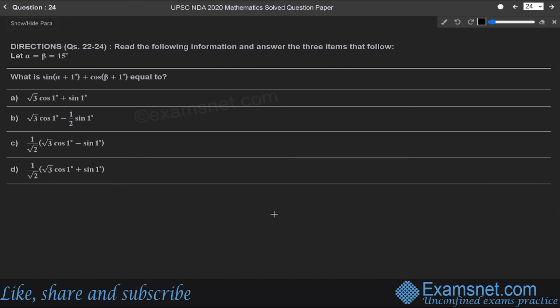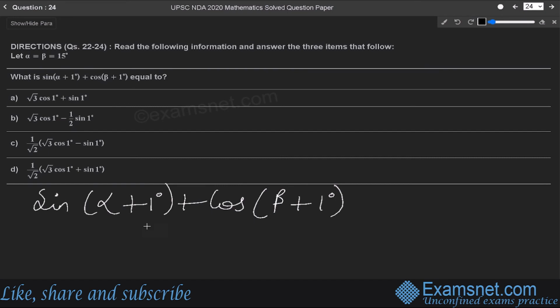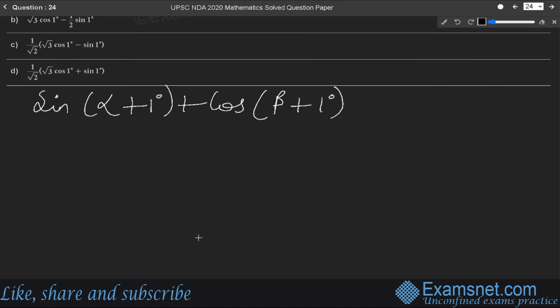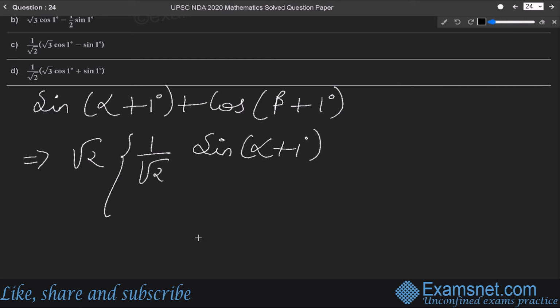So now coming to the question, we have to find the value for sine alpha plus 1 plus cos beta plus 1. In the first part of this question, we have solved sine alpha plus cos beta. So similarly, this will be equal to root 2 into 1 upon root 2 sine alpha plus 1 plus 1 upon root 2 cos beta plus 1.